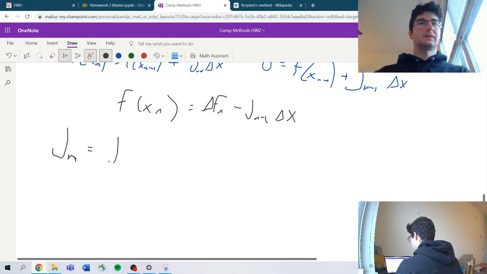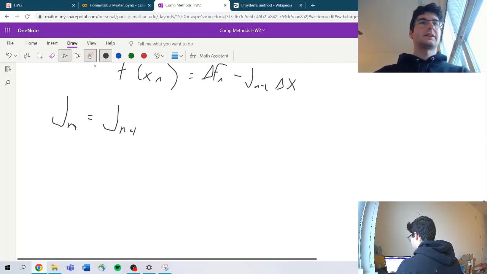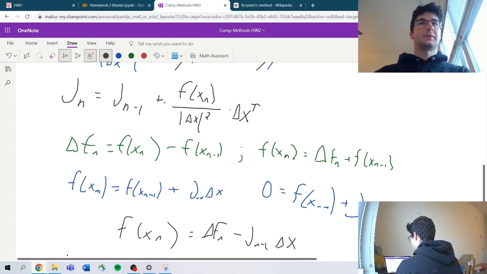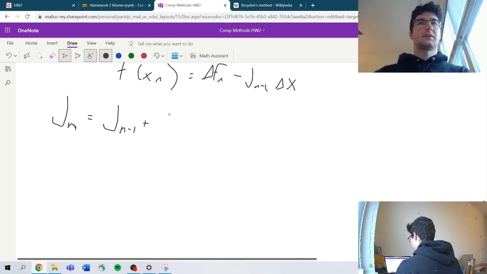So our final answer then becomes j of n equals j of n minus 1, plus this delta f of n minus our j n minus 1 delta x, all divided by our delta x squared times our x transposed.